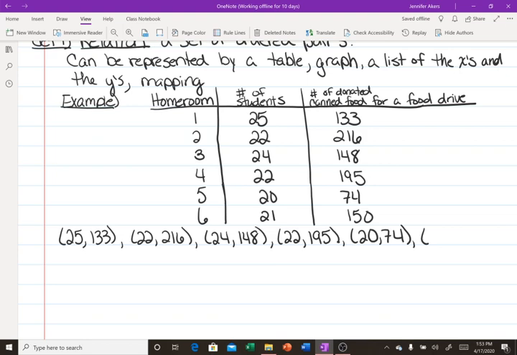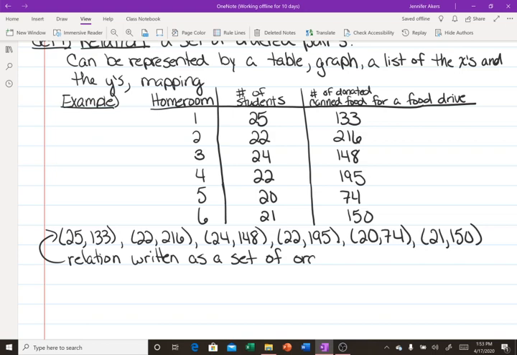And we have 21 that's donated 150. So this is the relation written as a set of ordered pairs, while this up here was the relation written in a table.